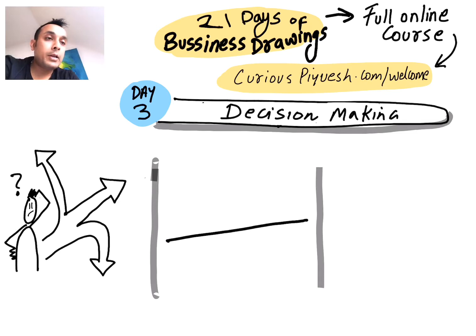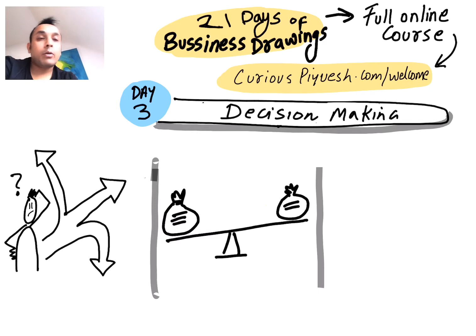Here, and then there is a seesaw here, and now there are different loads here. So this is one load and this is one road, and you can write here something, the two decisions.